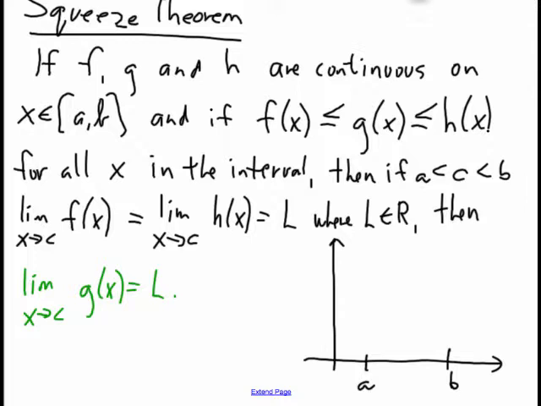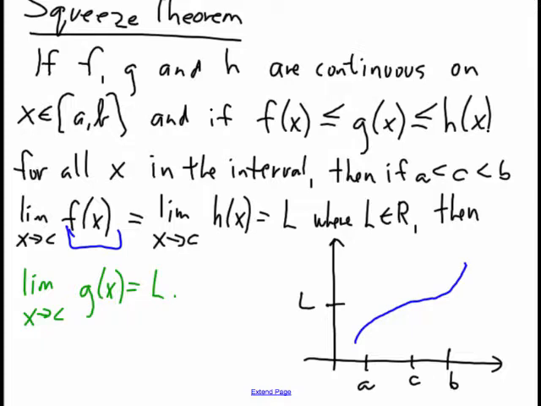And we're told that f of x is less than g of x is less than h of x for every value of x in the interval. And if c is between a and b, so let's put our c in at that spot, and if the limit of f of x and h of x approach L, okay, so I'm going to put in my f of x in blue.